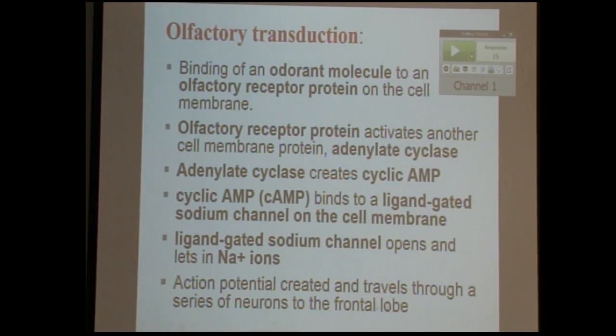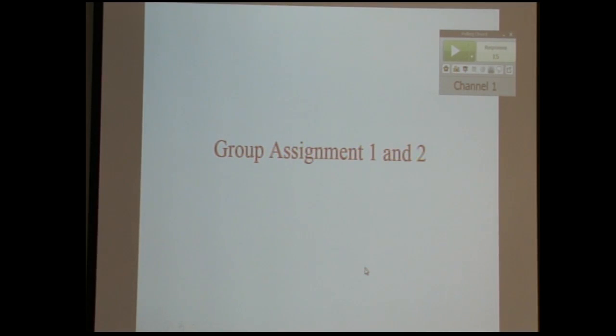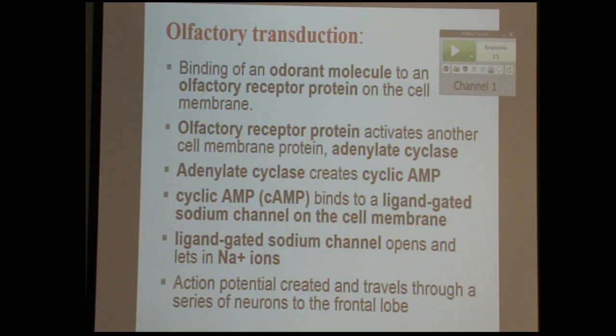So one of the fun ways to make sure you actually know what all those words mean, because honestly that's a lot up there, isn't it? It's a lot of steps. So you're going to model it. Actually, let's just do number one first, go over it, and then we'll do the modeling part.